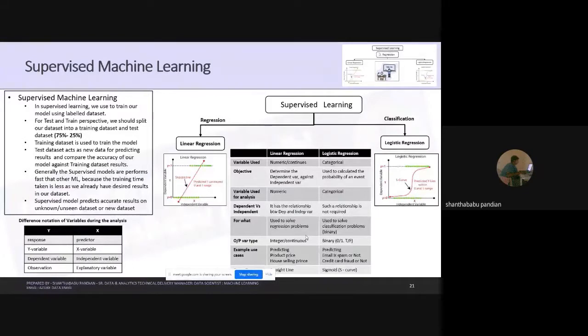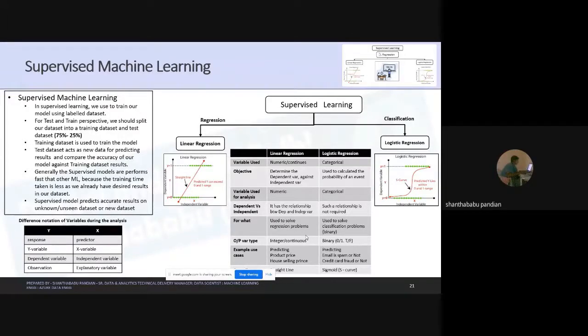Yes, no problem. See, the problem is given from the customer side, then you have to decide whether it's going to be a regression problem or a classification problem. How can you decide that? The problem will be given to us. Yes, correct, because you are a data scientist.